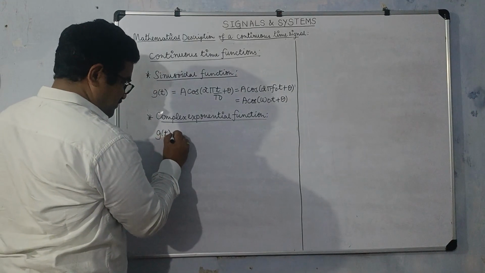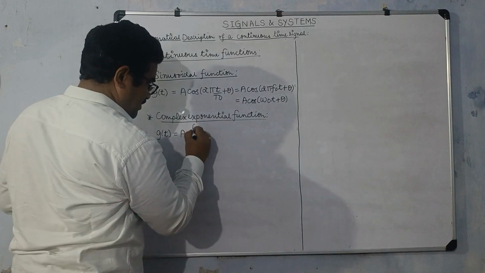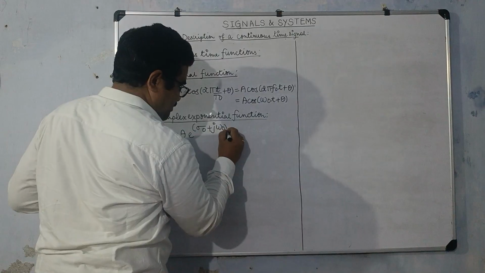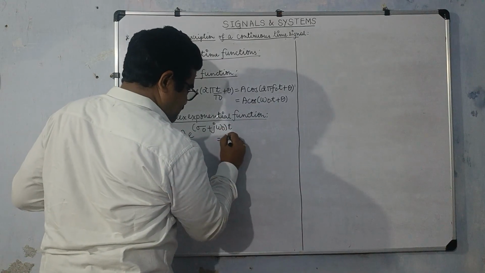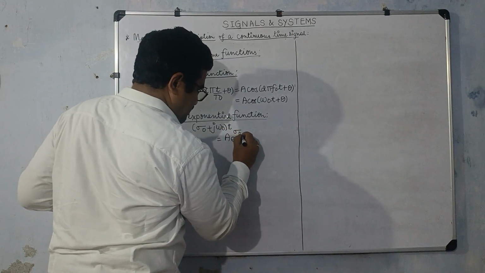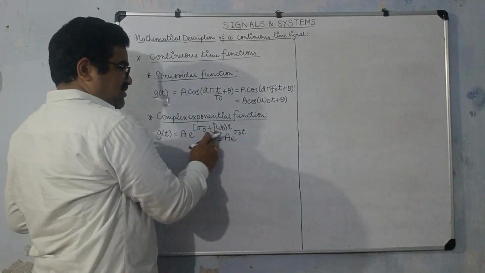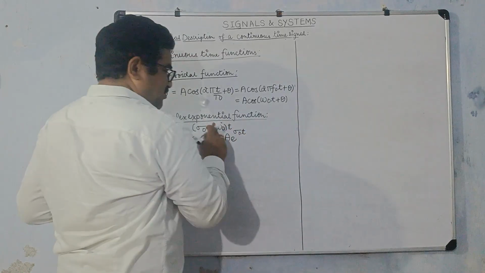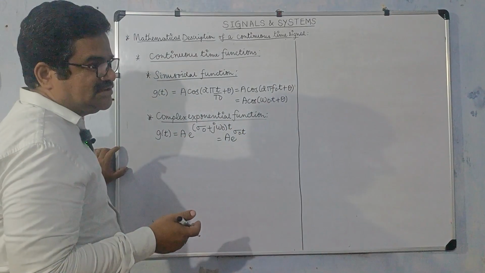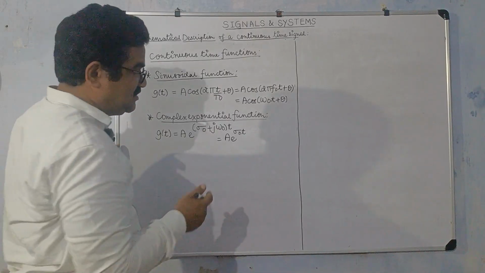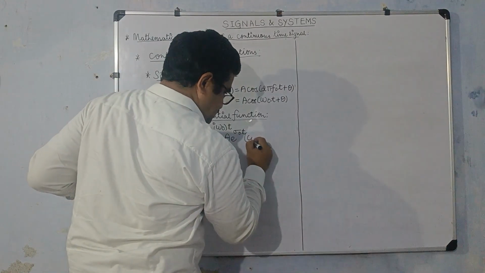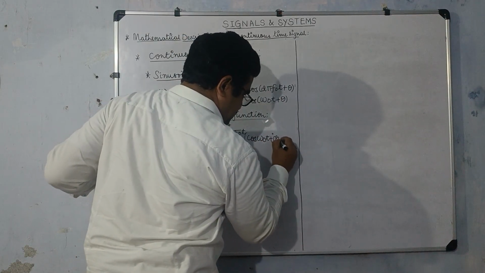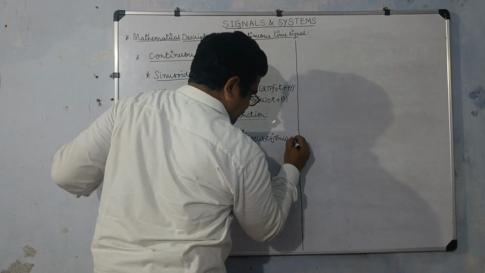So g of t is equal to A e power sigma naught plus j omega naught into t, which is equal to A e power sigma naught t into e power j omega naught t. And e power j omega naught t can be written as cos omega naught t plus j sin omega naught t.